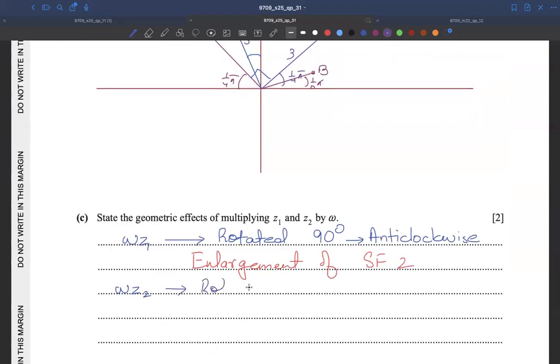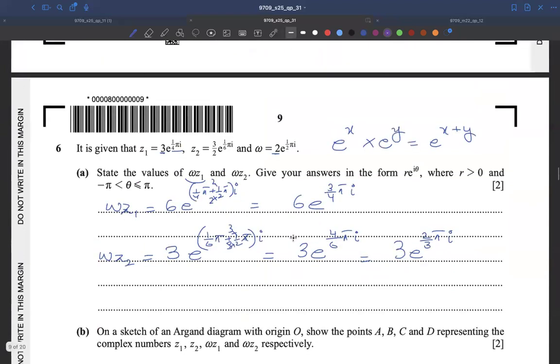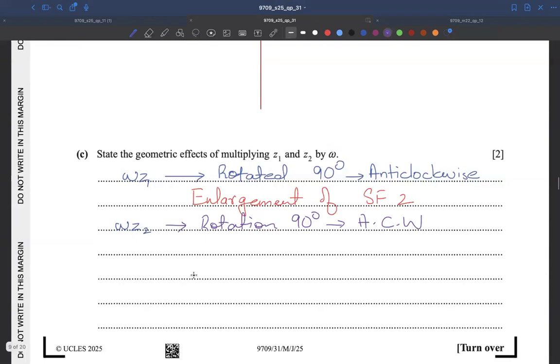There was a rotation of 90 degrees, anti-clockwise. And in this case, for B, the original magnitude was 3 upon 2, and now it's 3, so it became double. So again, the scale factor was 2. So this is the geometric effect of multiplying Z1 and Z2 by ω.